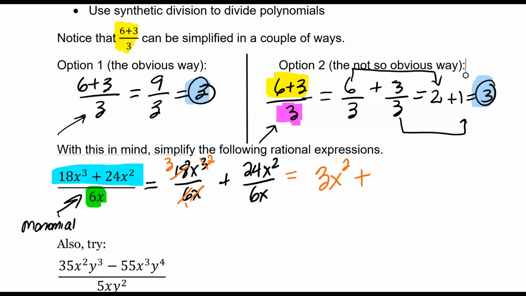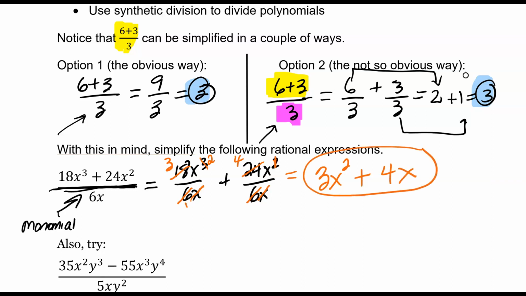Because this line here is indicating that everything in the numerator is being divided by 6x. All right, now let's get back to it. 24 divided by 6, so that 6 goes into 24 4 times, and we can cancel out a common x, which leaves 1x in the numerator here. So that's 4x remaining. So 3x squared plus 4x.